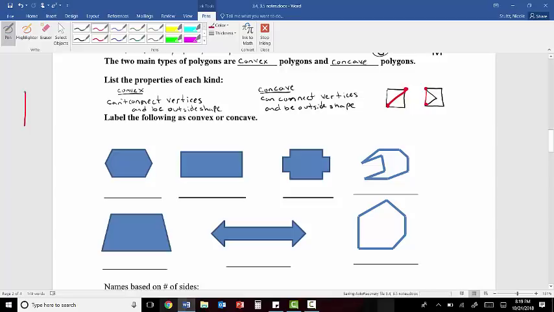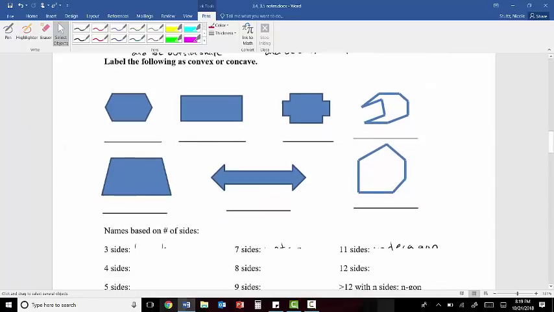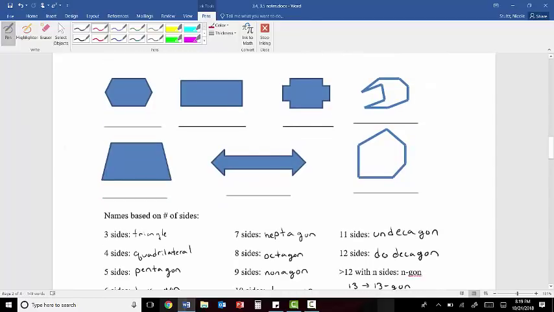So if you look at the examples right down here, obviously this is enclosed. You can't connect any vertices and go outside, so that is convex. Same thing here, this is also convex. However, this one, I could connect these two vertices, and I went outside, so that's concave.